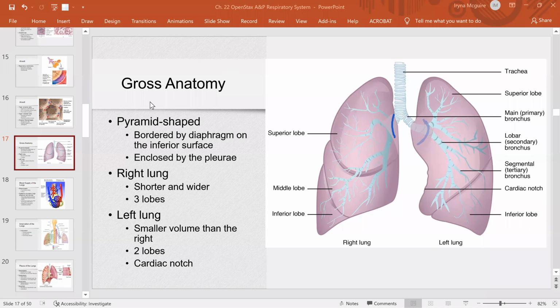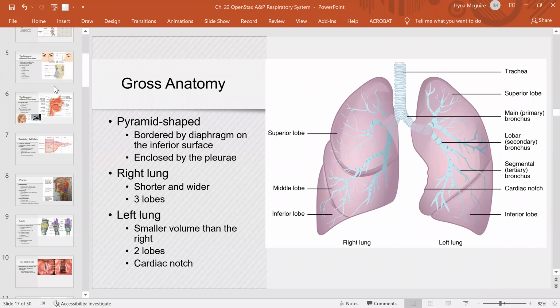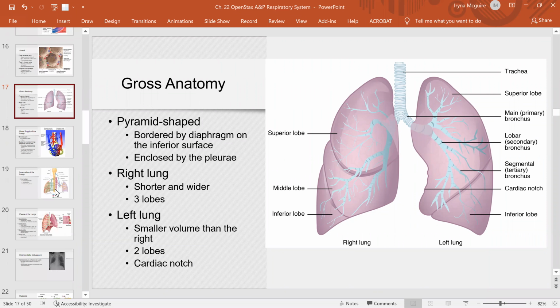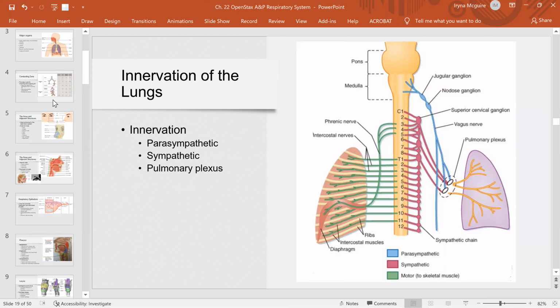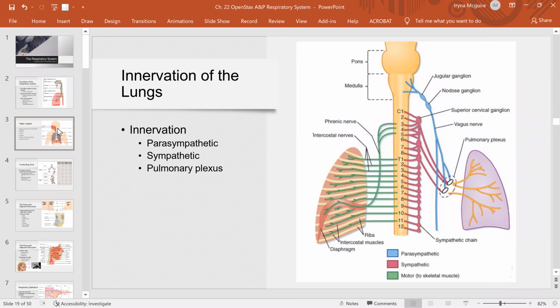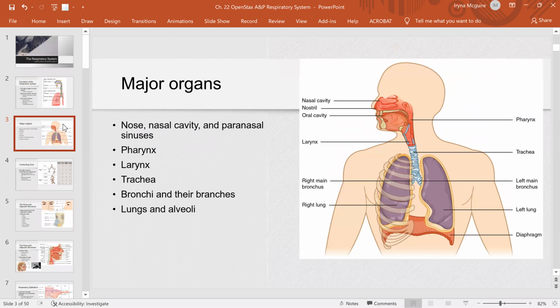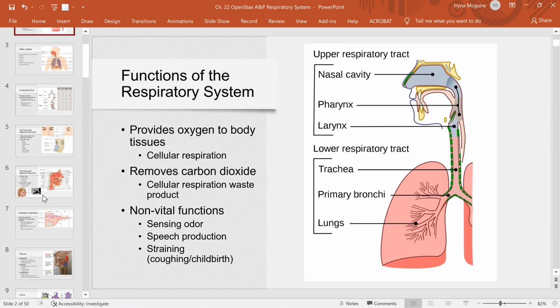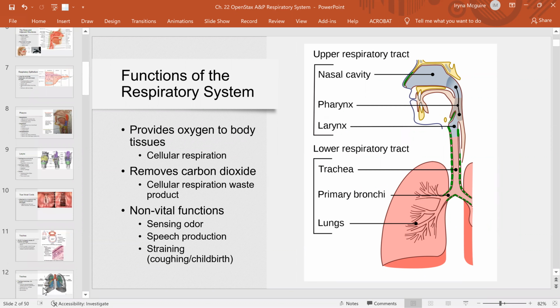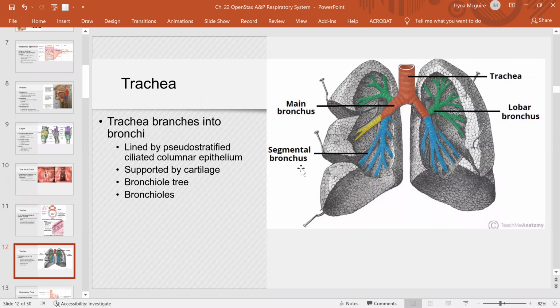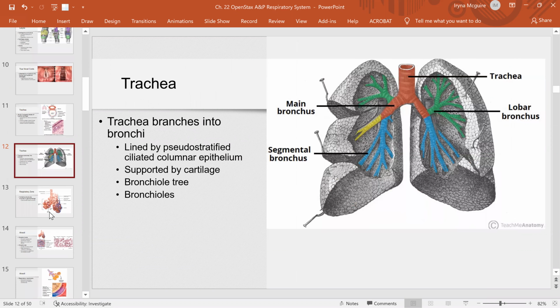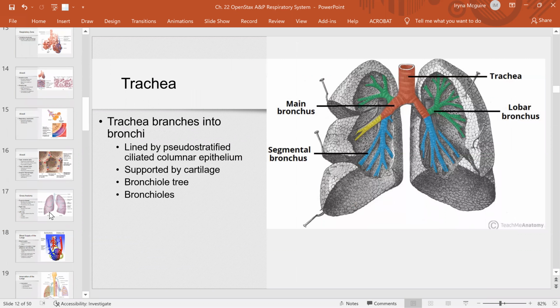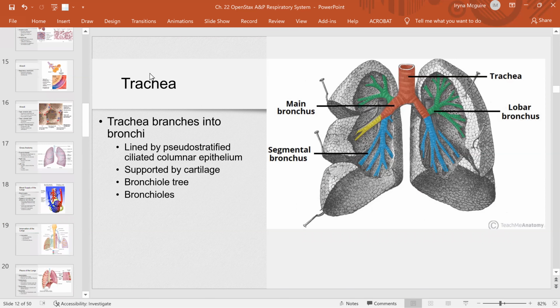Let's see if I have a better picture of lungs. I'm afraid this is the only picture that I have. Maybe the first one. Let me see the first one. No, this one doesn't show hilum either. So then you guys need to look inside your textbook.